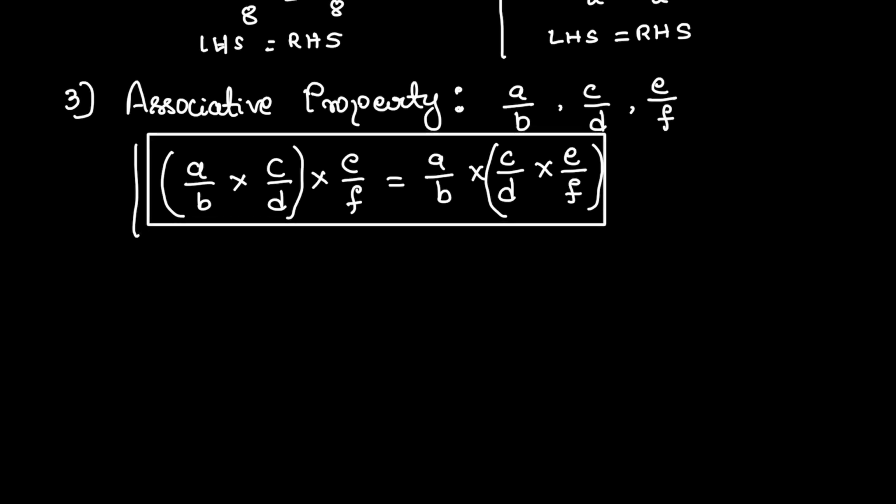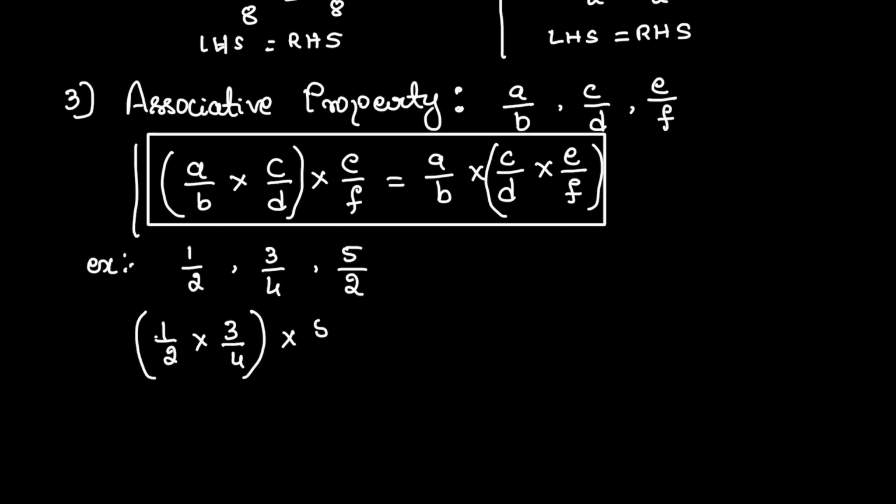So next, consider the three rational numbers 1 by 2, 3 by 4 and 5 by 2. So, 1 by 2 into (3 by 4, put a bracket, into 5 by 2).